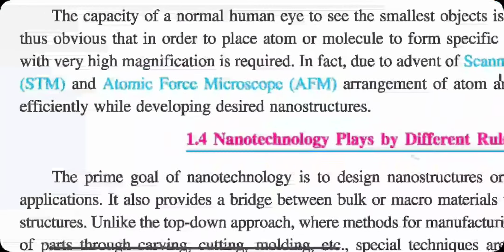Here is the carbon fullerene C60. The buckyball is of different types: C60, C70, C76, C86.